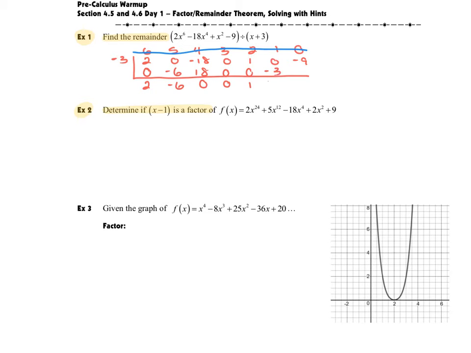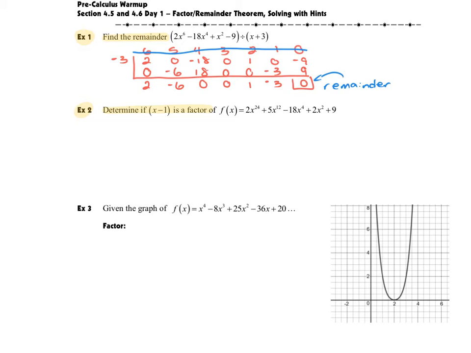multiply, and we get a 0. So if it asks us to find our remainder on this particular problem, our remainder is 0. So the remainder is whatever is right there. It doesn't have to be 0.